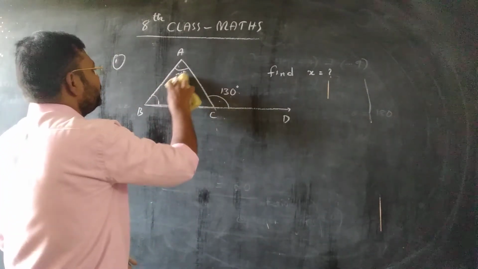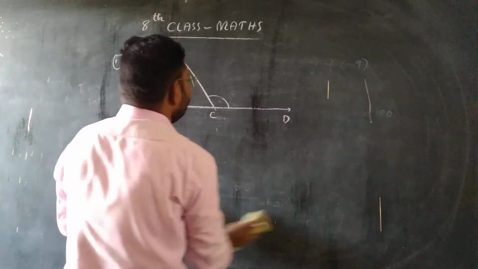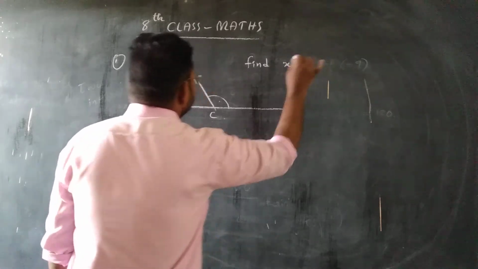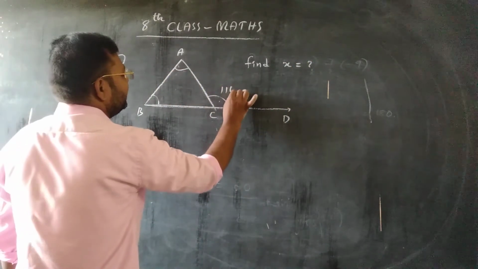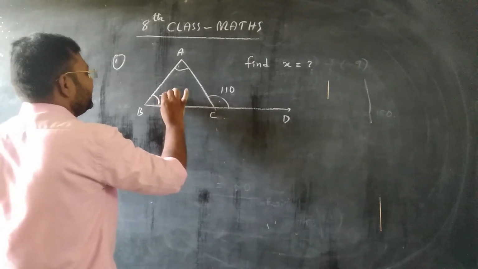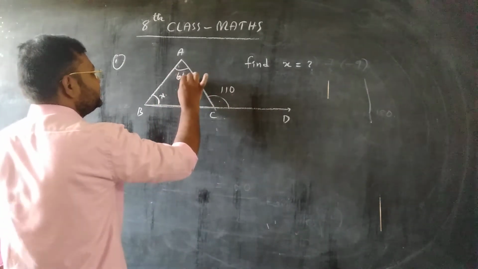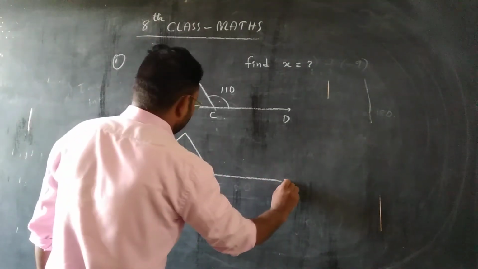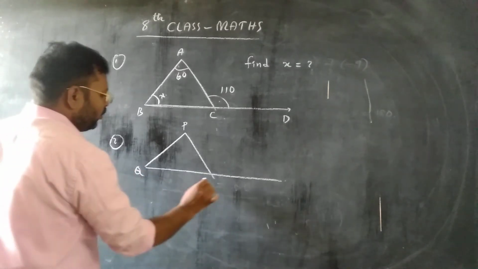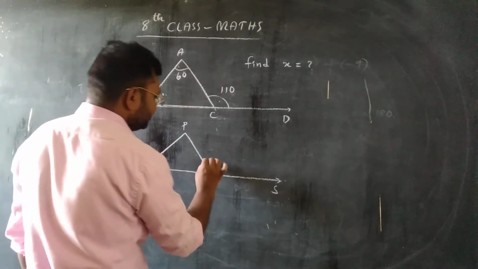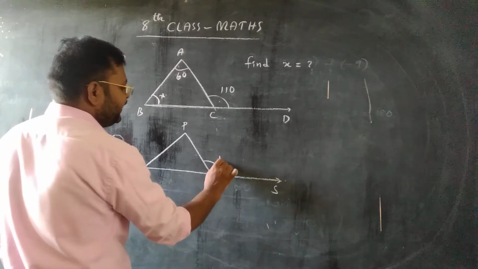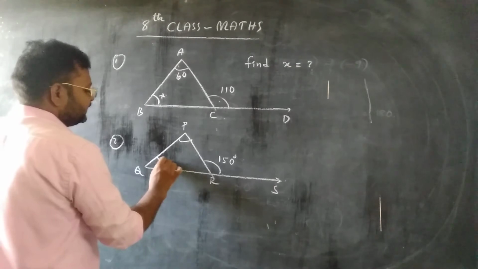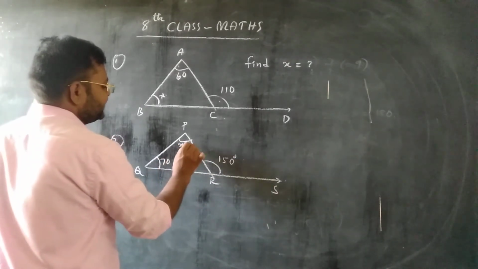So I will give one more problem. Let us find x. Here you take x and here you take 60 degrees. Second problem: PQR, and here I am going to take an angle 150 degrees, with 70 and x degrees.